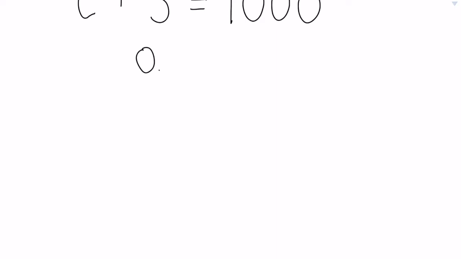We also know that the number of weddings is 0.3, which is 30%, times our single amount, and our amount of divorces is 50% of our couples that we have.